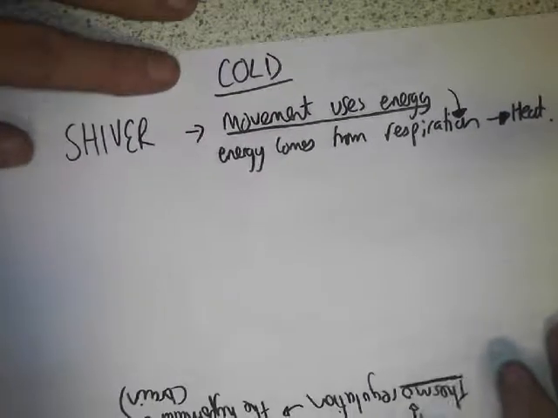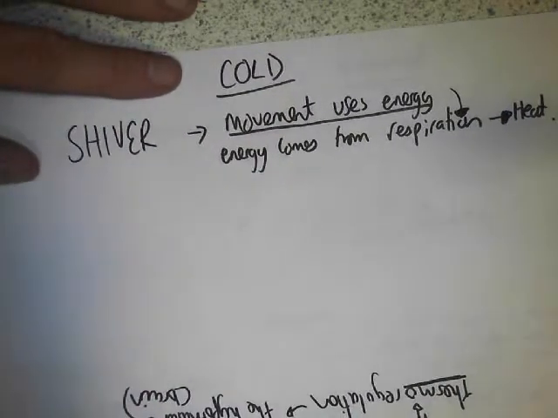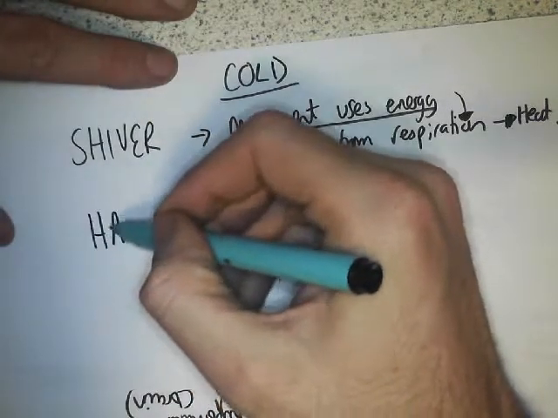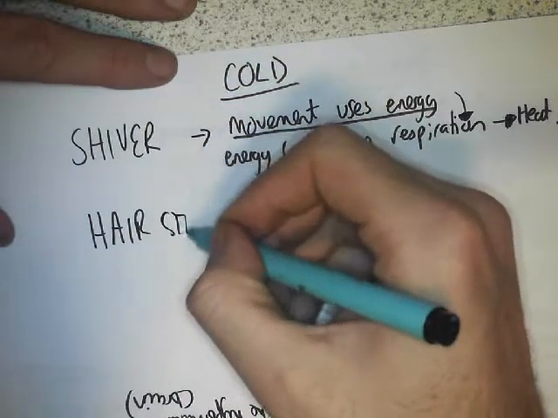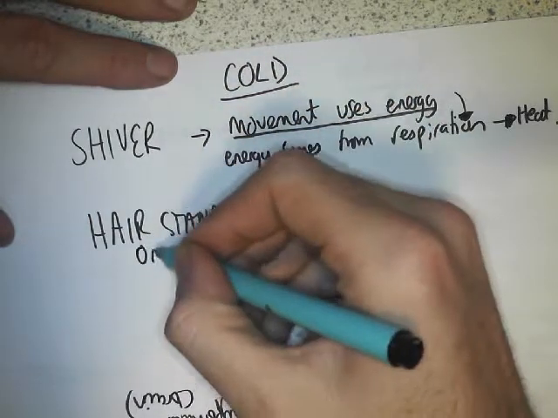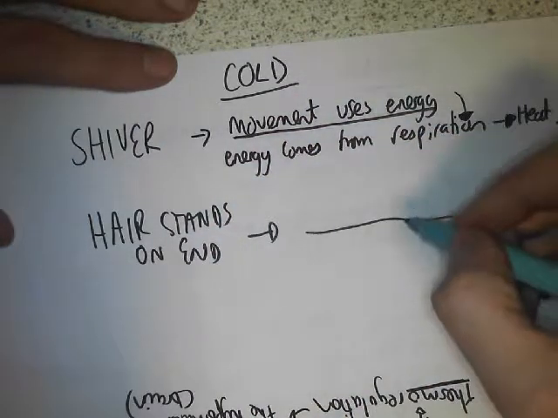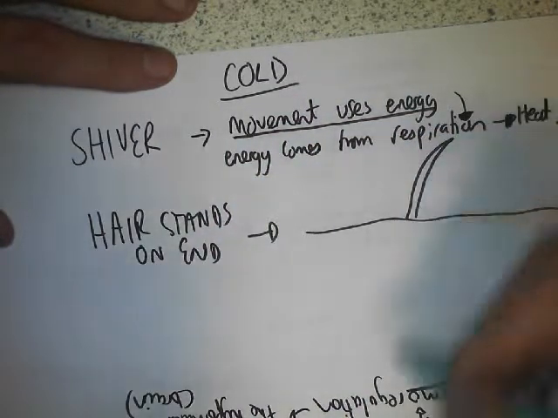The main thing in mammals, and we aren't that hairy anymore, but a lot of mammals still are, is the hair thing again. Hair stands on end. So we get this going on.